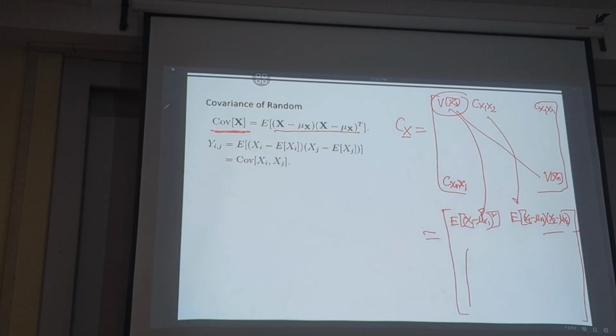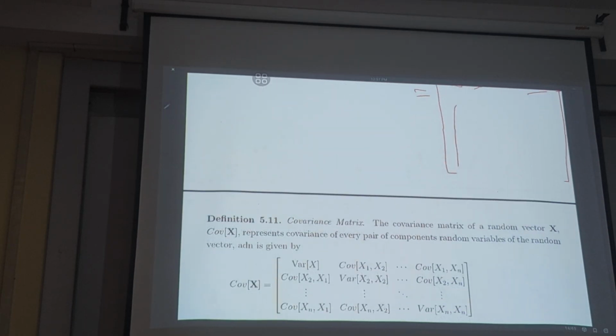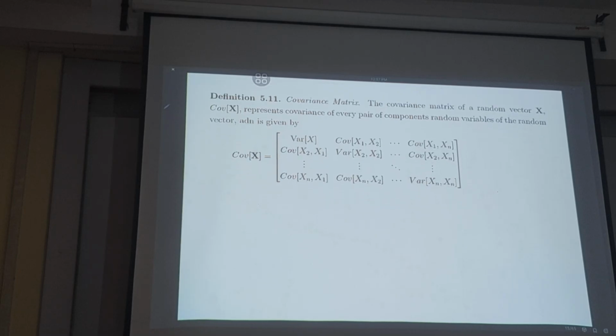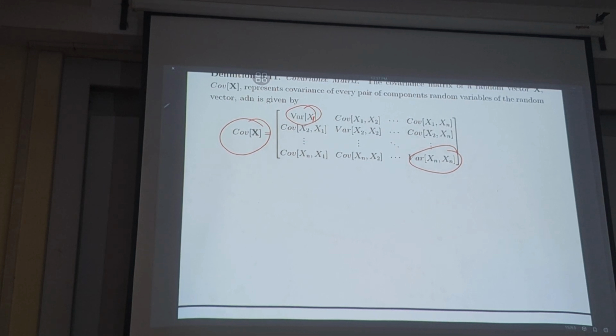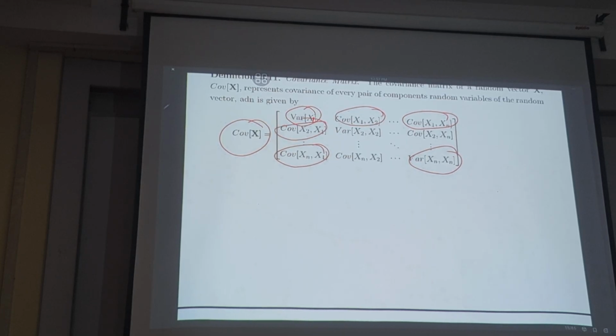So this is the covariance matrix. The covariance matrix of X, as a diagonal element, gives the variance of x1, and the off-diagonal elements are the covariance of two random variables. And once again, the covariance matrix is a symmetric matrix because this element is right here, this element is right here. So it's a symmetric matrix. Are you okay or not?